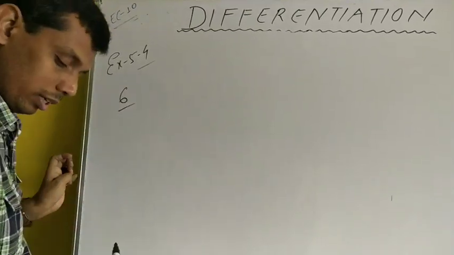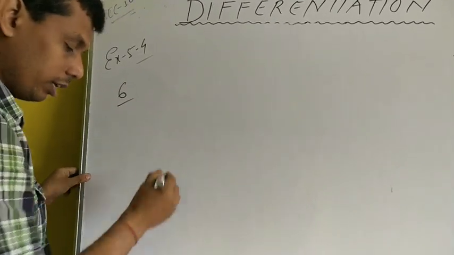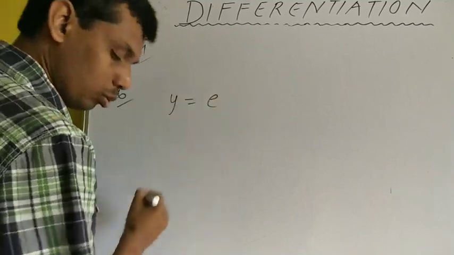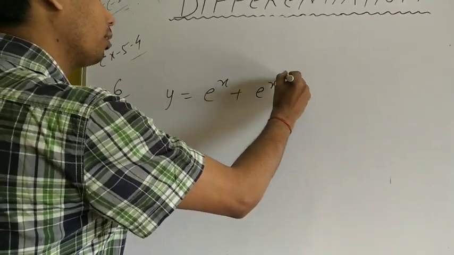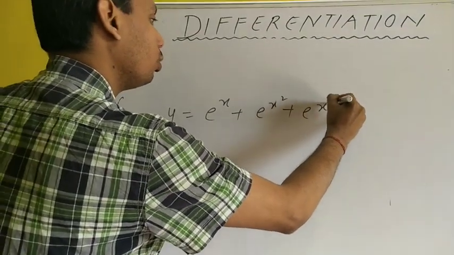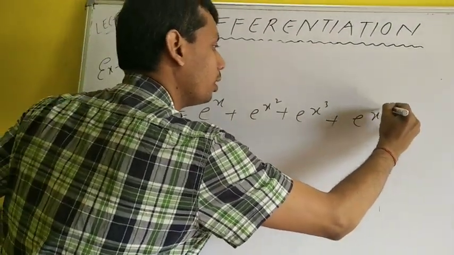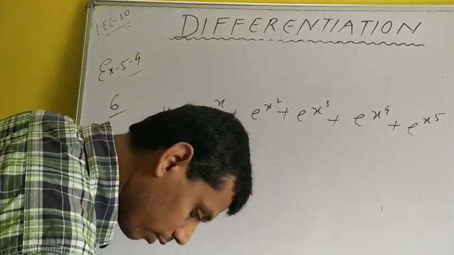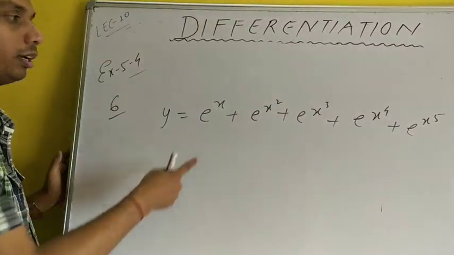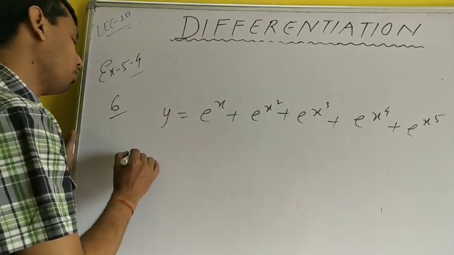In question number 6, here y is equal to e to the power x plus e to the power x square plus e to the power x cube plus e to the power x to the power 4 and e to the power x to the power 5. This is the given function. We have to differentiate this.